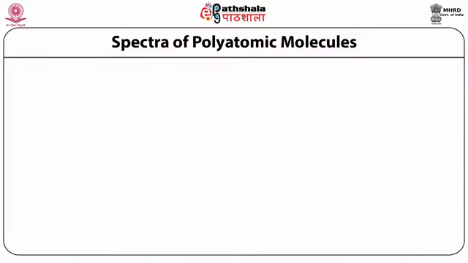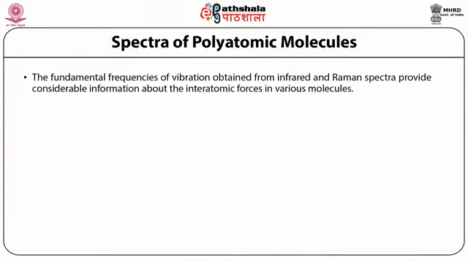These calculated values of the amplitudes of vibrations can be compared with the experimental values obtained by other methods like electron diffraction. The fundamental frequencies of vibration obtained from infrared and Raman spectra provide considerable information about the interatomic forces in various molecules.